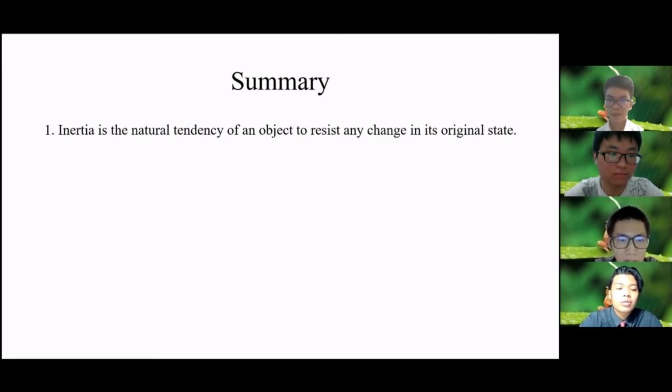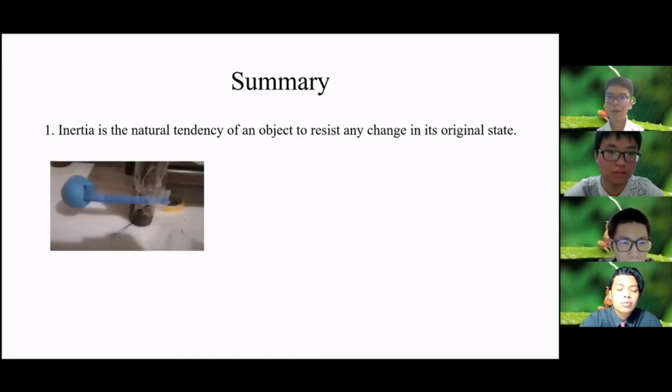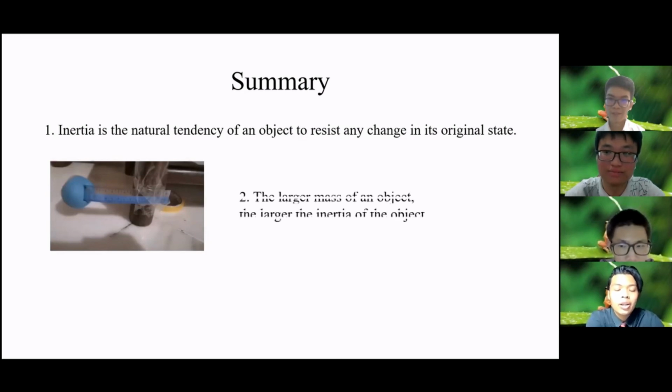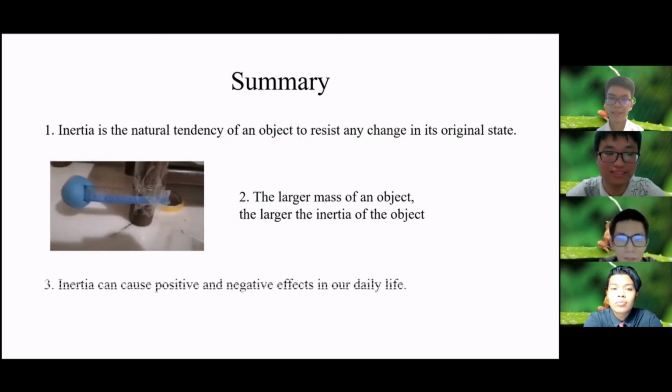Correct. Next, through the experiment just now, we all know that the larger the mass, the... CJ, can you tell? The larger the inertia. The larger the mass, the larger the inertia of the object. Lastly, we also saw a few examples of the effects of inertia in our daily life.